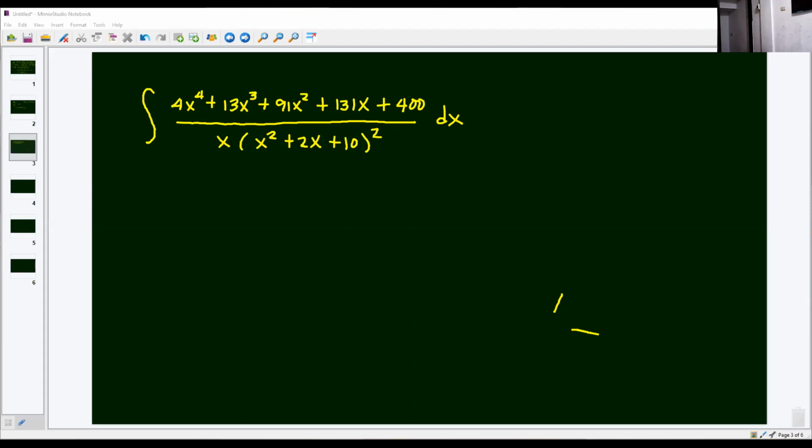Ian, why are you not sure? Coefficients, Ian, coefficients. Check your coefficients.